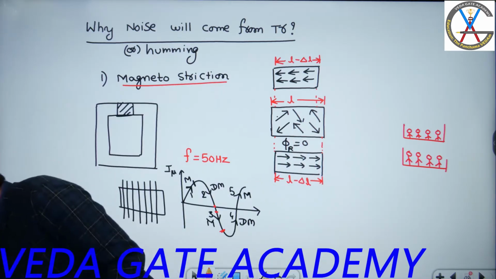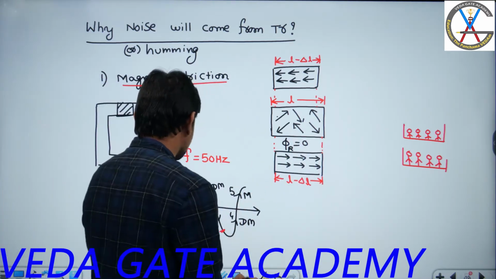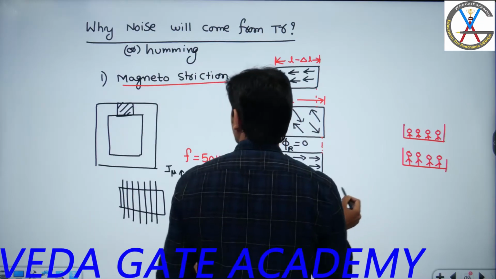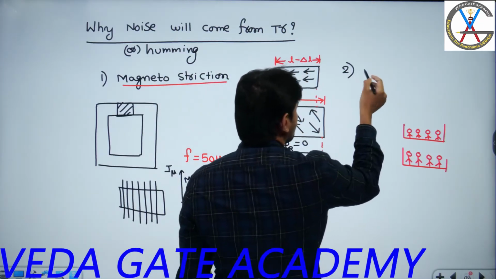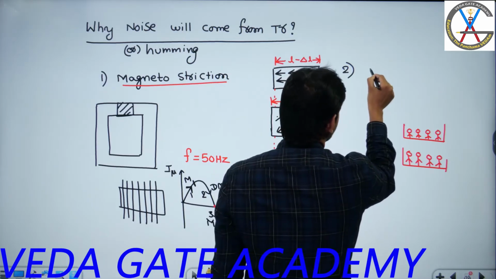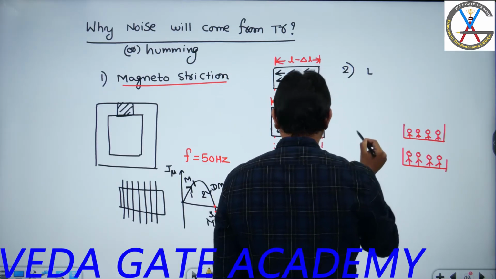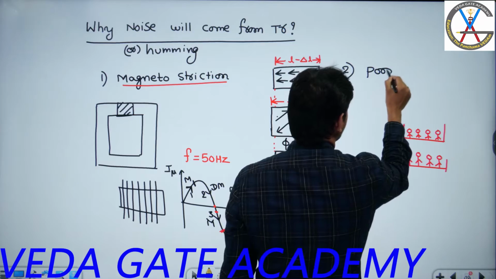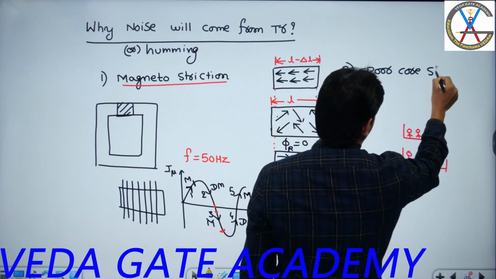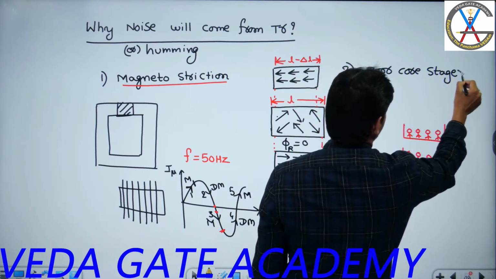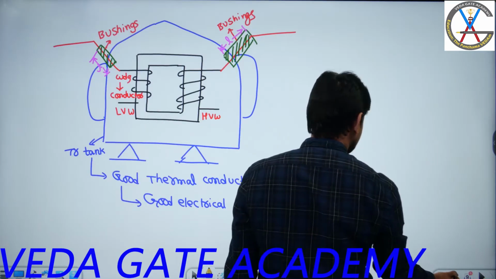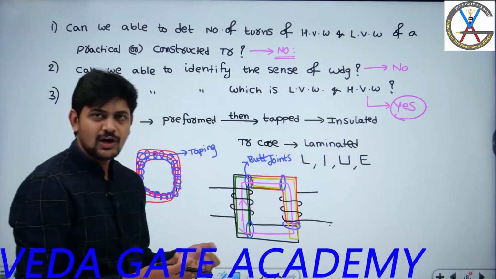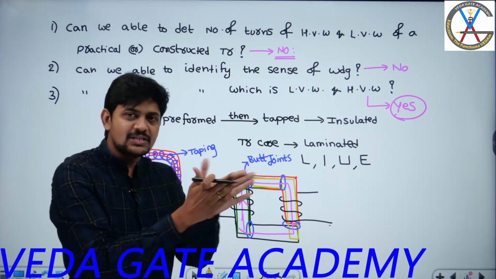So the other point is, apart from this magnetostriction, the other reason behind the occurrence of noise is poor core staggering, I can say. What is the meaning of poor core staggering? As I discussed here, we need to tightly rivet, tightly bunch the laminations.